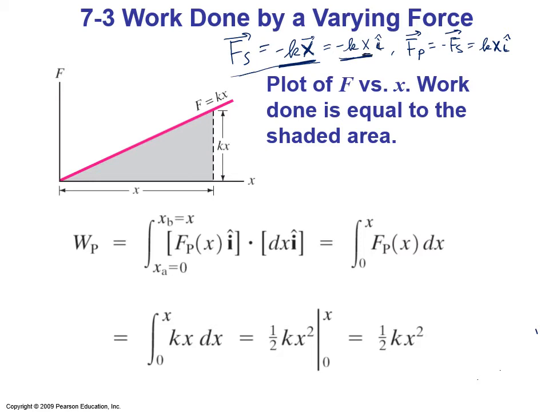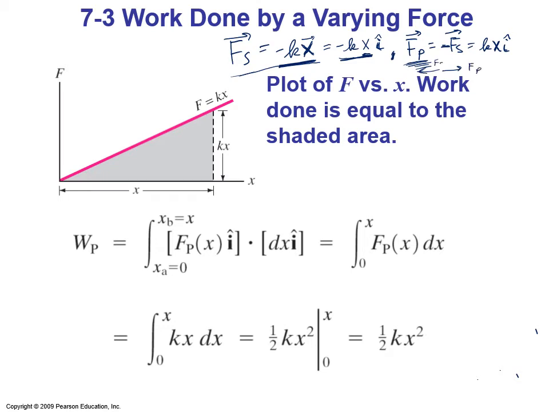So i hat is the unit vector along x. Then, of course, the force of the person is going to be minus the force of the spring. Fp is the force that's opposing the spring force. If you pull it this way, it pulls you that way.